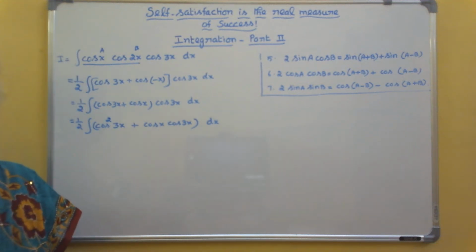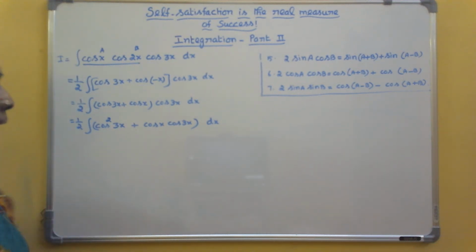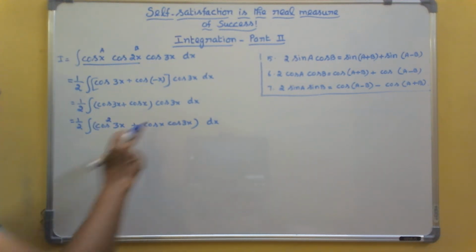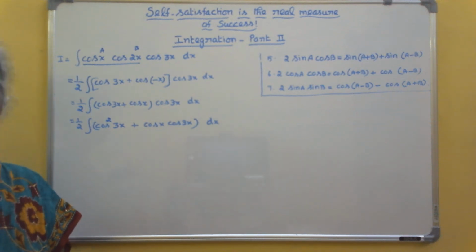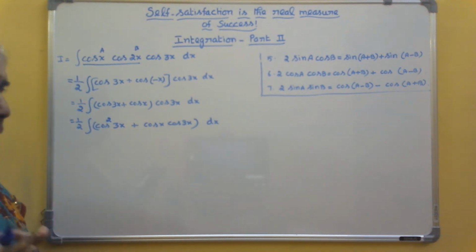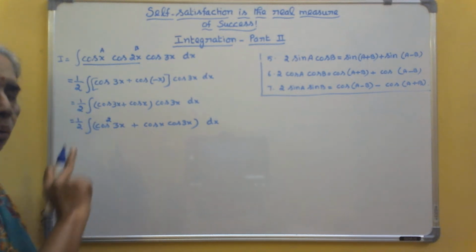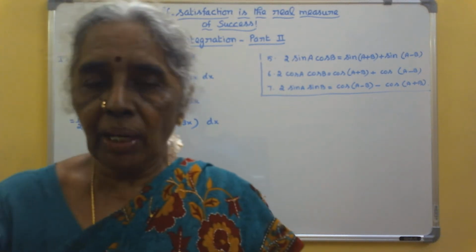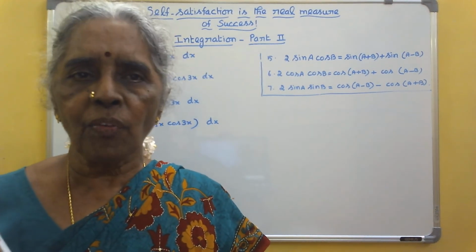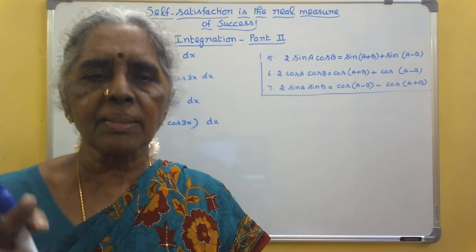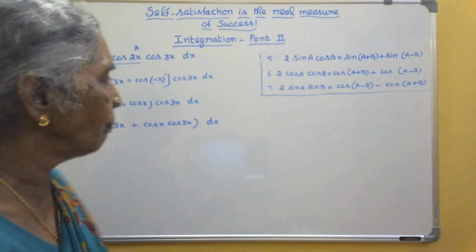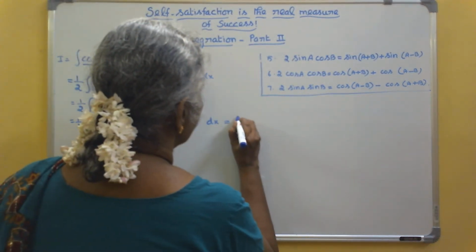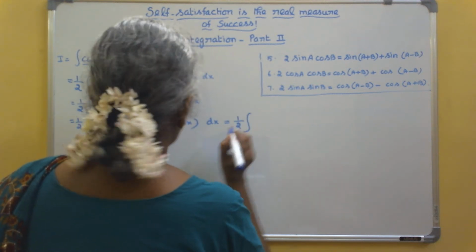Now, still it is not in the proper format. I am having a square here, I am having a product here. So, once again I have to use some formula. For cos squared x, we have done in the last one, I gave you 4 formulae, no? So, that will be (1 plus cos 2x) by 2. So, now I can write this as half integral.